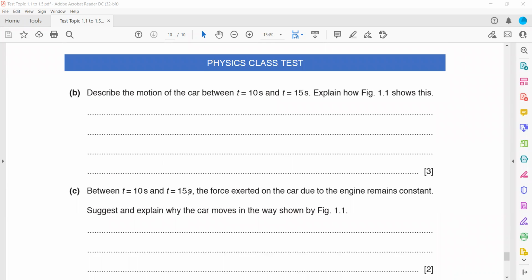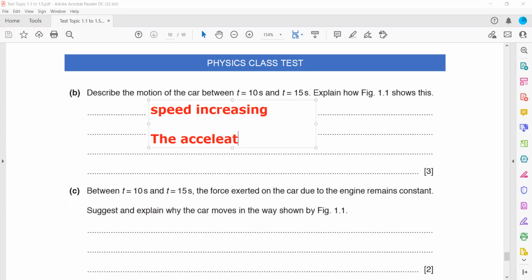So here the answer is worth 3 marks. 1 mark is for mentioning the slope is decreasing. The second is which shows the acceleration is decreasing. And the third mark is for mentioning that the speed is increasing. Or you can start with speed increasing. The acceleration, or the change in speed, is decreasing.